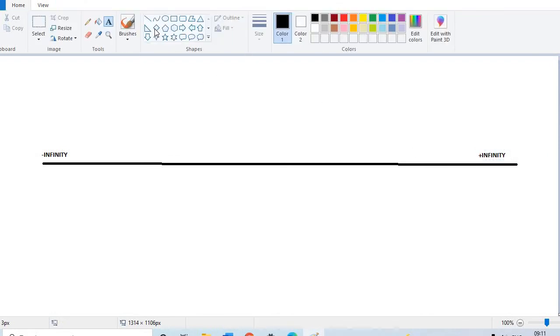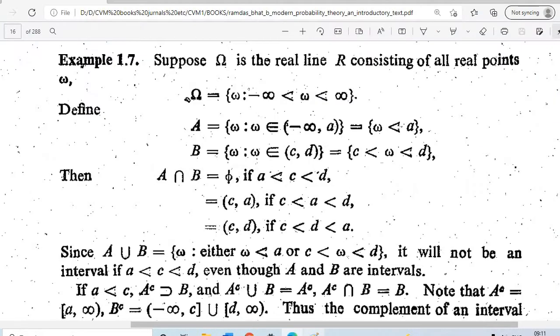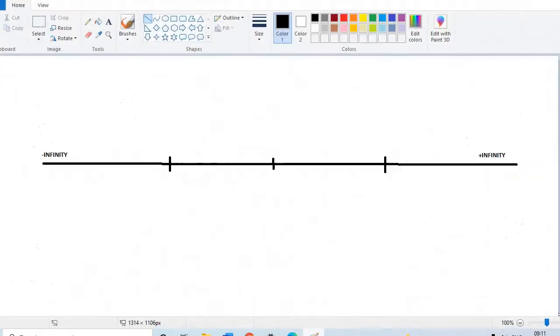Now we consider the middle point, that is 0. This is some a and this is another point. Here we have taken minus infinity to a. Okay, another point. We took a few points.